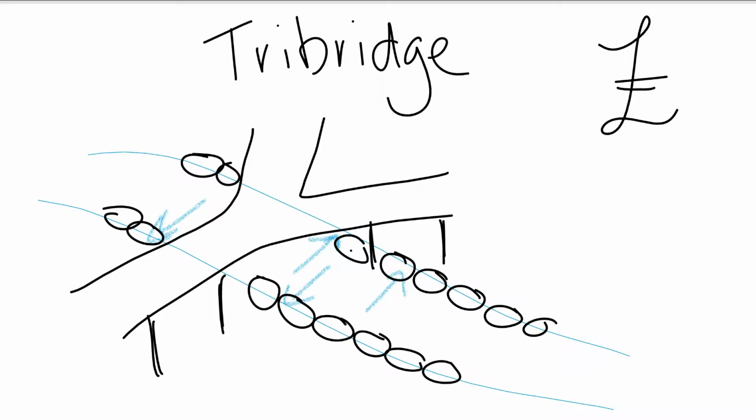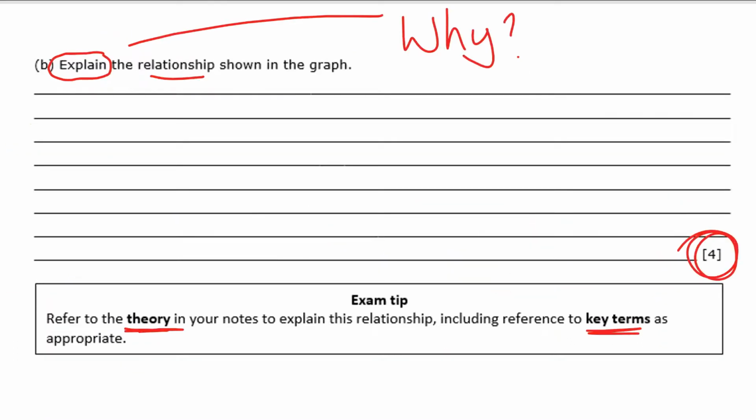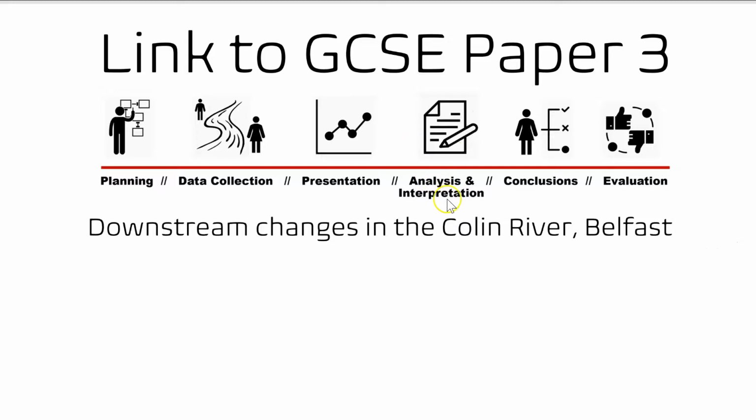Okay, if we go back up here to where we started, what we said was that you need a trend, you need figures for evidence, and you need to identify your anomaly. If there is one, there won't always be one, and we absolutely see that in this case. You then need to go on to analyze and interpret it. What's it showing and why?